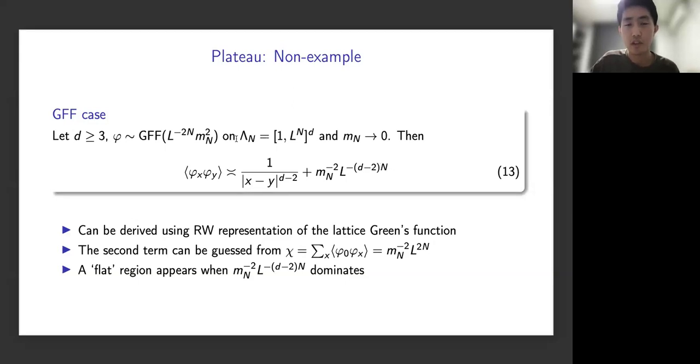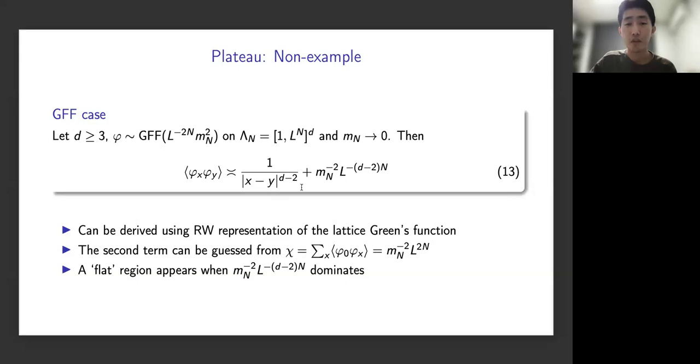Here we are again considering a periodic boundary condition on the d-dimensional torus. The value of the second term can also be guessed using the susceptibility, which in this case can be computed exactly as the inverse of the squared mass. So it is simply m_n to the minus 2 times L to the 2n.